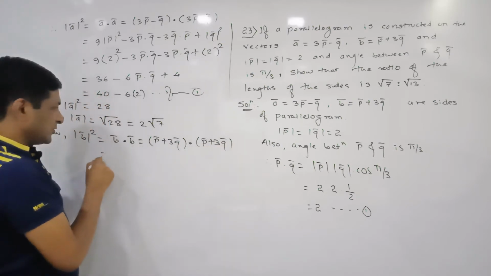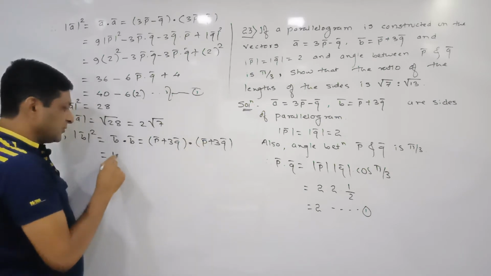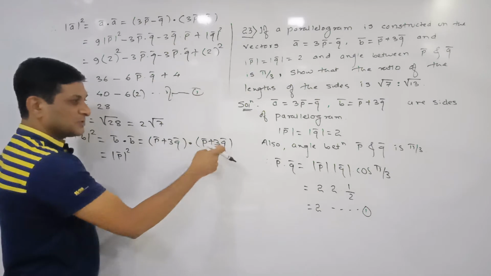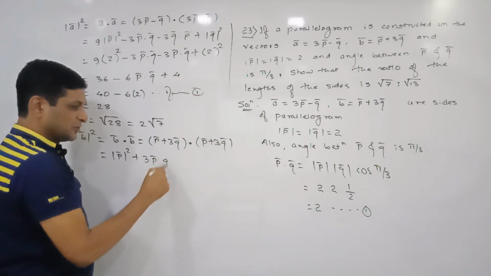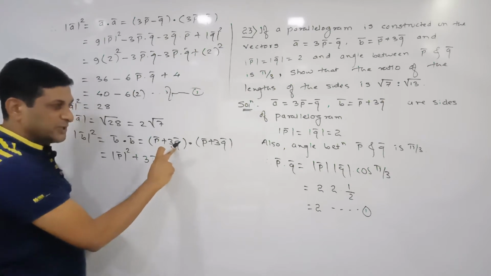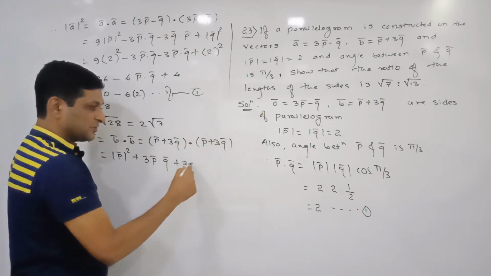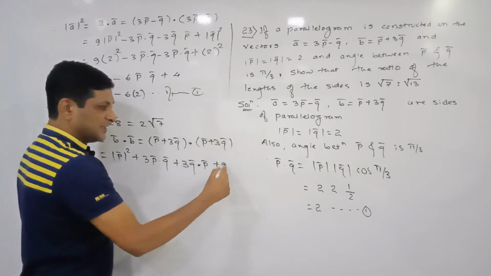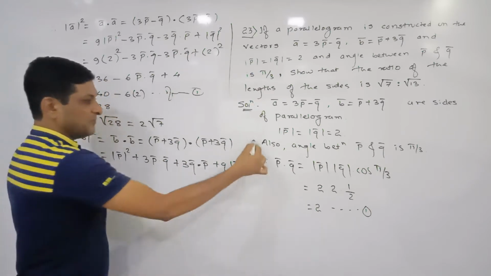Take the dot product of these two brackets: p bar dot p bar is equal to square of magnitude of p bar. Then p bar dot 3q bar will be equal to 3 p bar dot q bar. Then take the dot product of 3 q bar with both the terms. 3 q bar dot p bar will be equal to 3 q bar dot p bar, and 3 into 3 will become 9, and q bar dot q bar will be equal to square of magnitude of q bar.